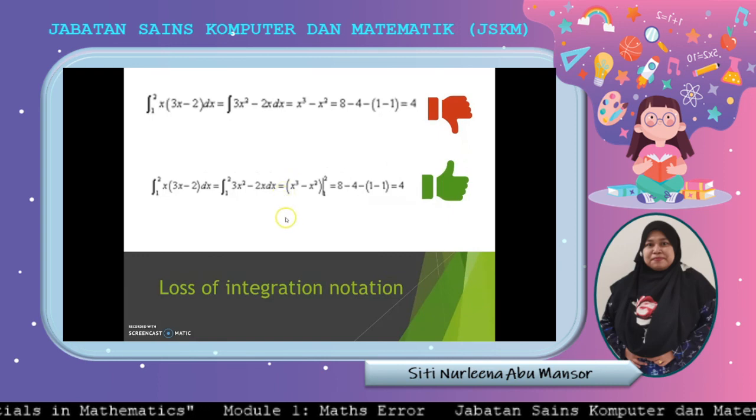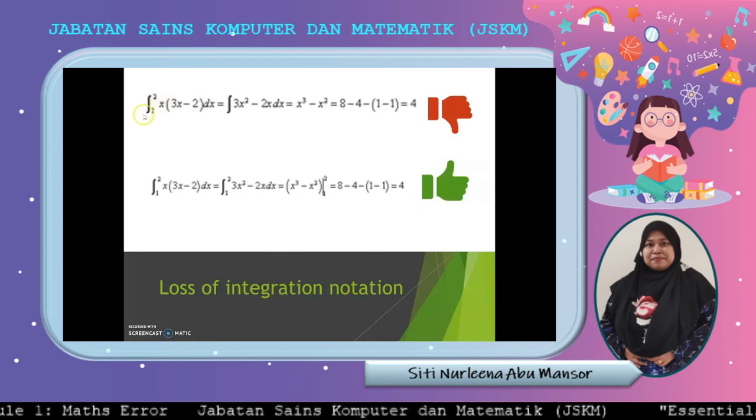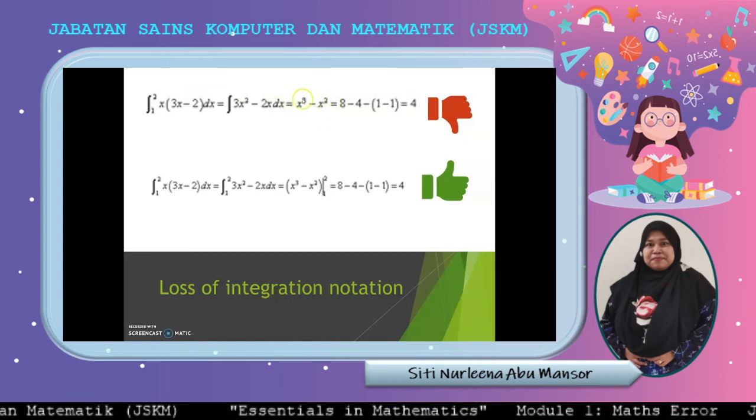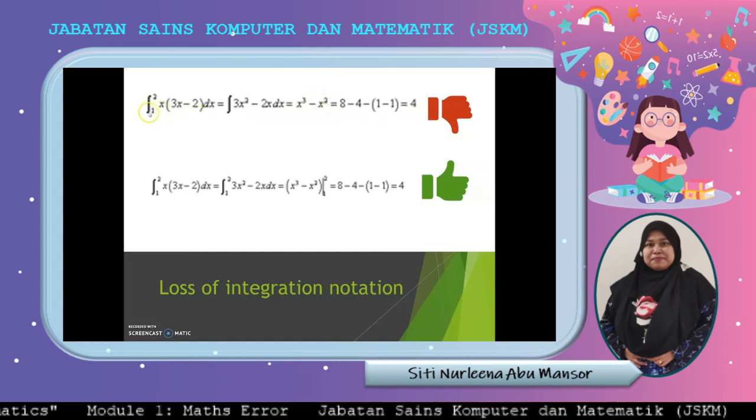This is another example of loss of integration notation. Here is a proper integral. We have a lower limit and an upper limit. Usually the student expands correctly. But let's see here, in the third part, this equation does not have the bounded values, which are the lower bound and the upper bound.